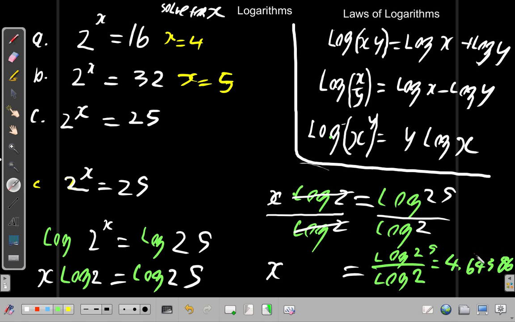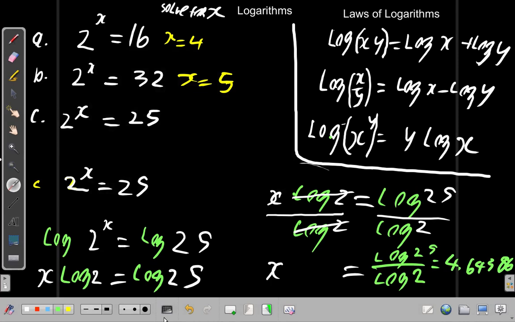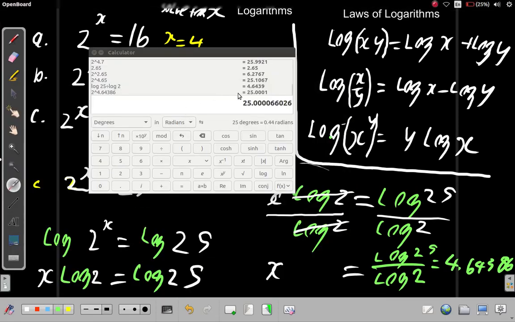Now, one more thing. Would it also work with ln? Let's see. What we had here was the common log of 25 over the common log of 2, which was 4.6439. Let's try with ln, the natural log. ln 25 divided by ln 2.